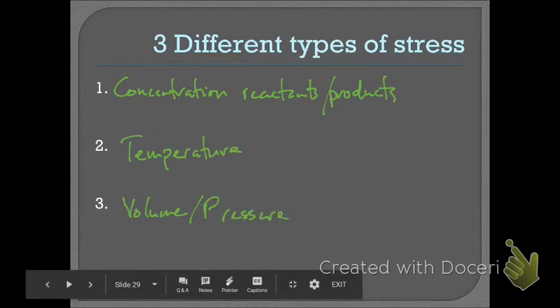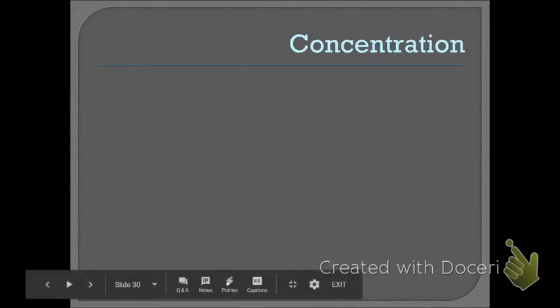Okay, so let's go over each one. So concentration. Let's just use our example. So they're in equilibrium.